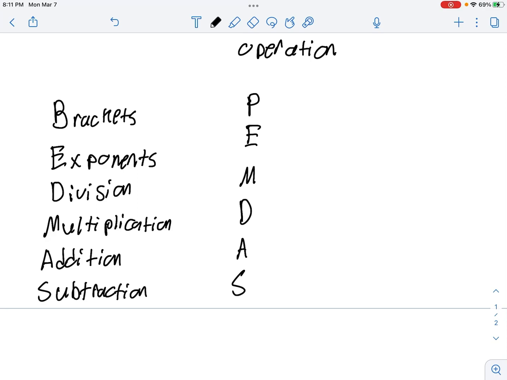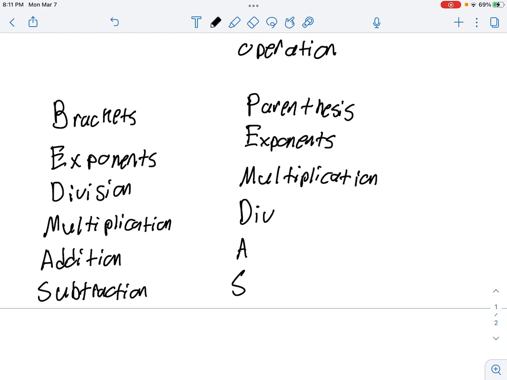Whereas PEMDAS is parentheses, which is just another word for brackets, exponents, multiplication, division, addition, and subtraction.